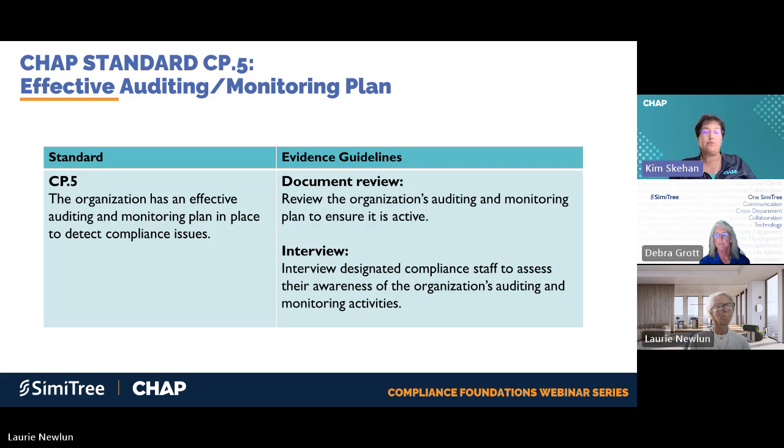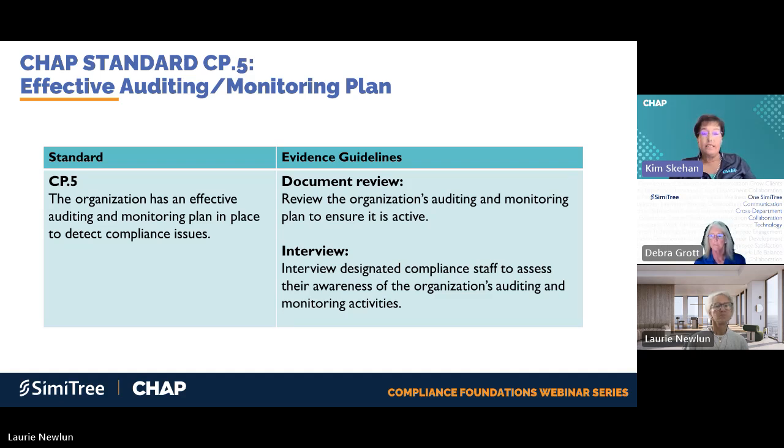Regarding the compliance program in CP5, which for CHAP is our standard related to compliance, this relates to effective auditing and monitoring. We will look to ensure that you do have an effective auditing and monitoring plan in place.